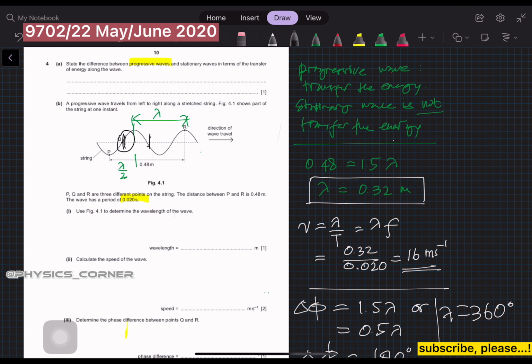This is something with a half of lambda, and we have lambda is 0.32.